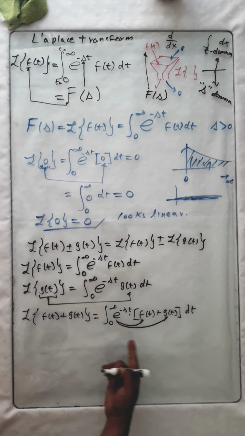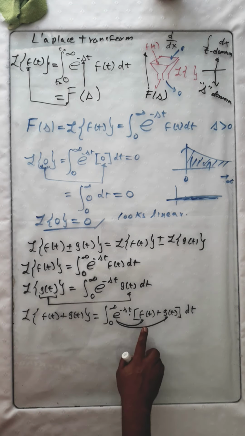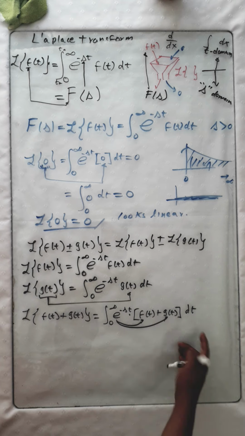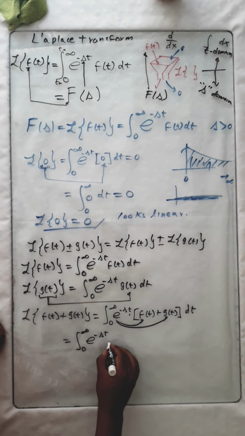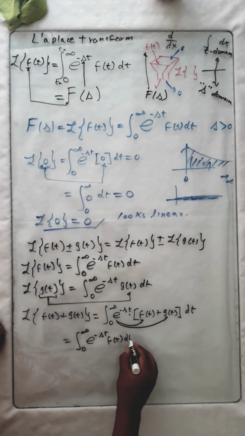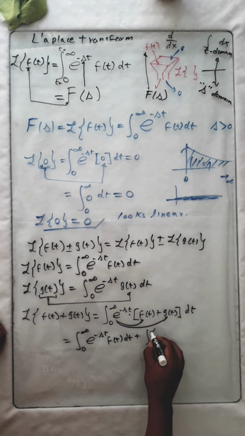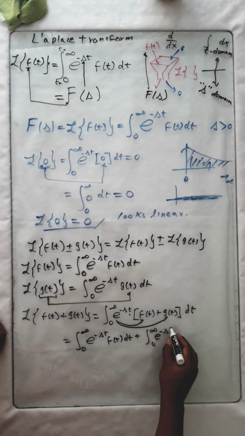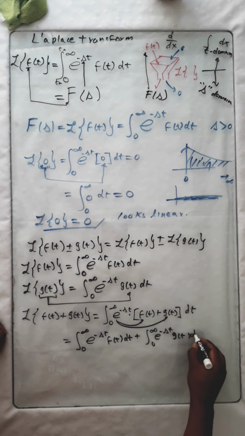And the integral is distributive, so you can do the integral of this plus the integral of this. So this is equal to the integral from 0 to infinity of e to the minus st f of t dt, plus the integral from 0 to infinity of e to the minus st g of t dt.